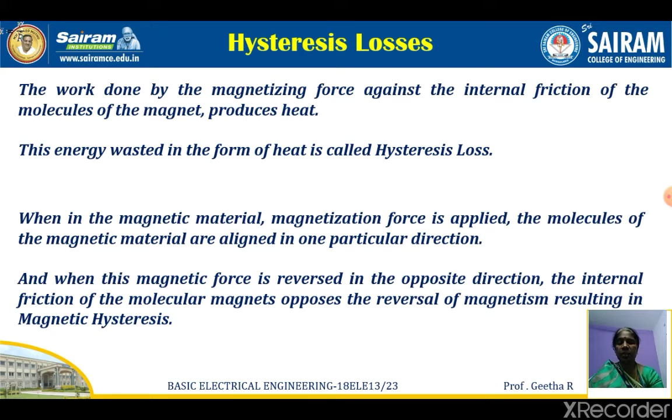During the positive half cycle, the molecules will be aligned in one direction. When the supply goes to the negative direction, the magnetization force is also reversed, but this will be the opposite one. The internal friction of the molecular magnets opposes the reversal of magnetism, so it results in magnetic hysteresis.